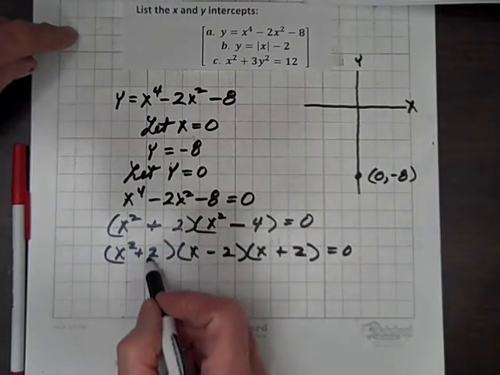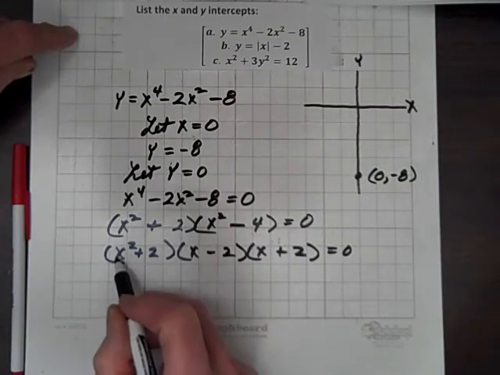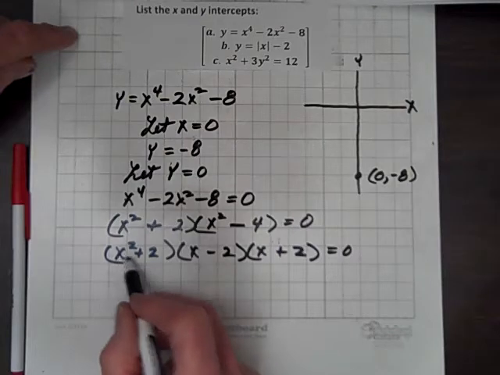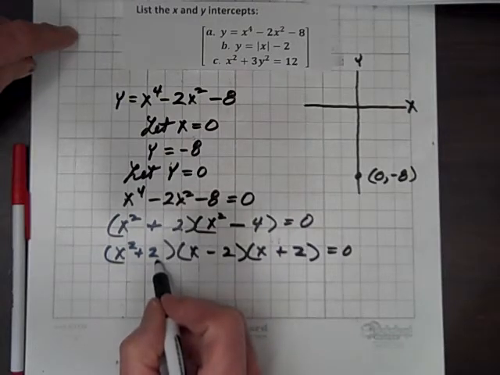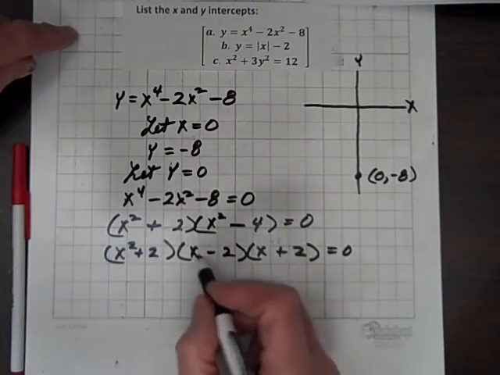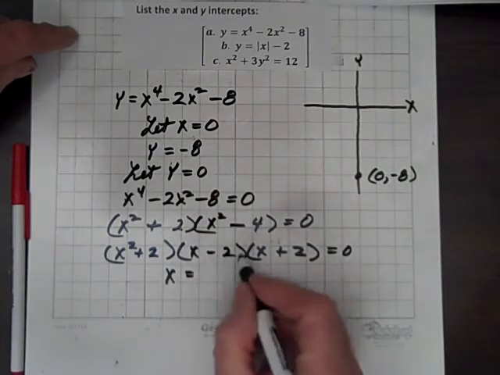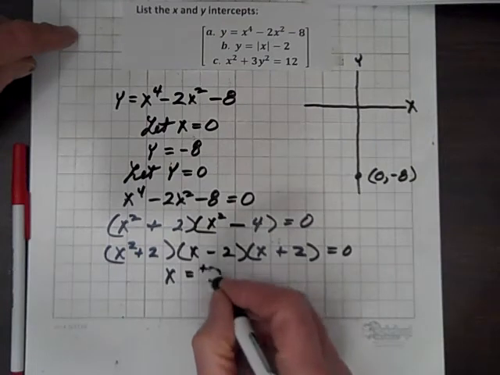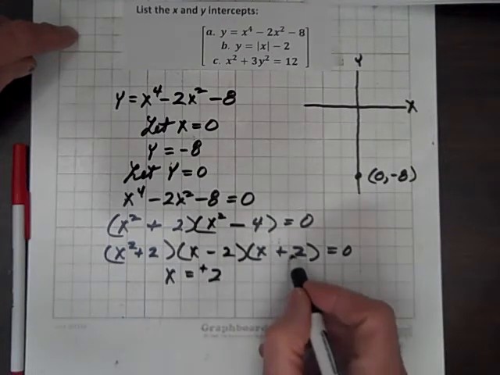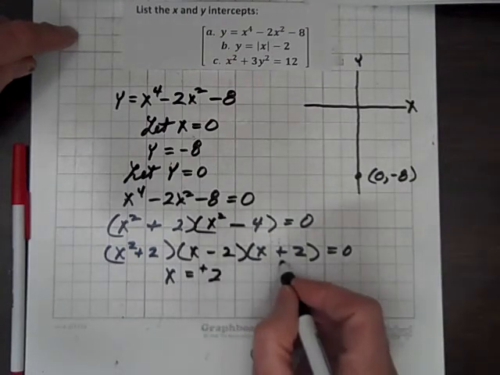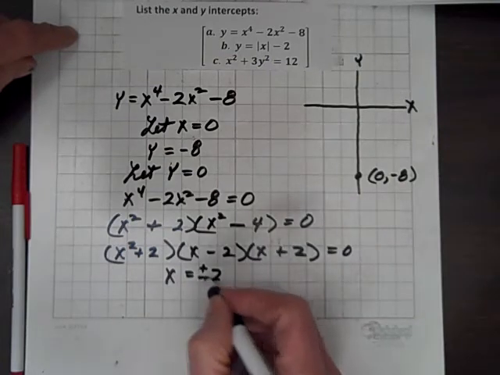Well, there's no real number we can replace x with here such that this factor will become 0. On the other hand, if we let x equal 2, this factor will become 0. If we let x equal negative 2, this factor will go to 0.